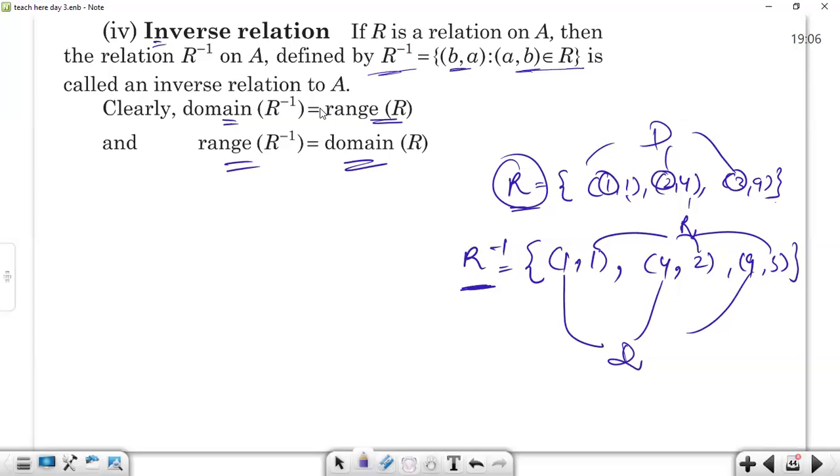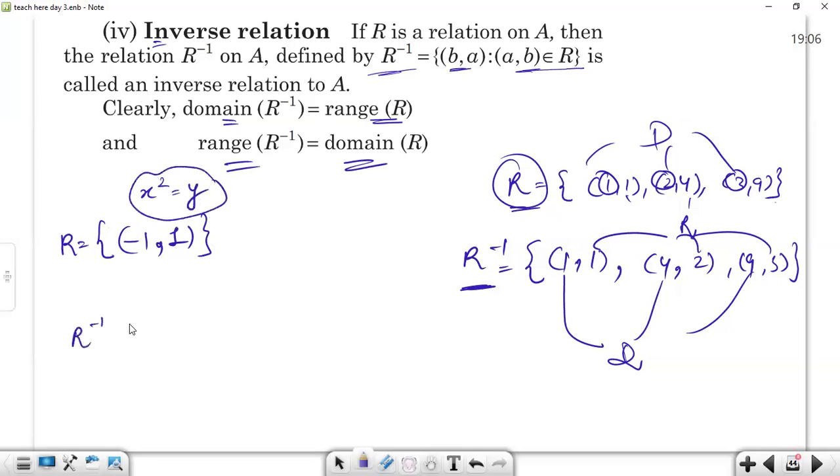There's a point to consider. It will only happen in certain scenarios. It may not happen always. Why? Maybe in a relation there's a point minus 1, whose square is 1. This is the relation, maybe that x square is equal to y.